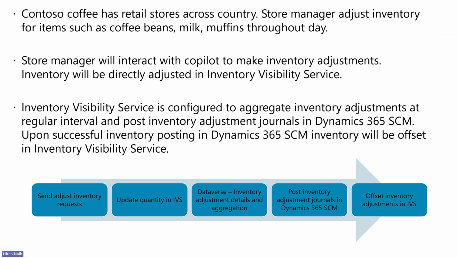After successful posting of inventory journals, it will also offset the adjustments in the inventory visibility service and update the available physical measures as part of the inventory visibility service. So we'll look at this demo end to end.